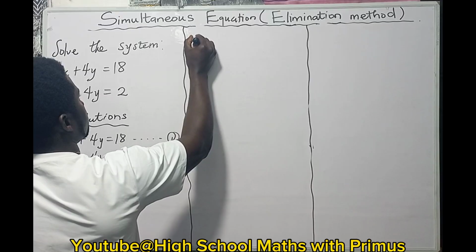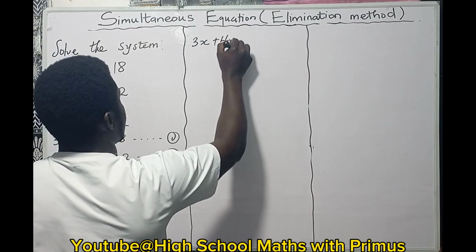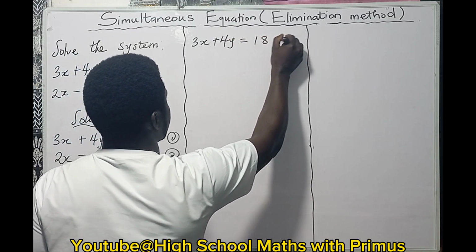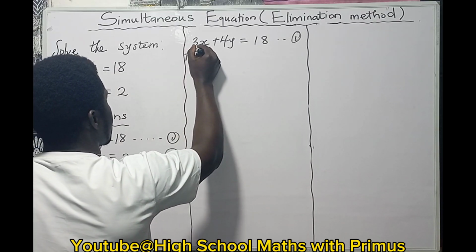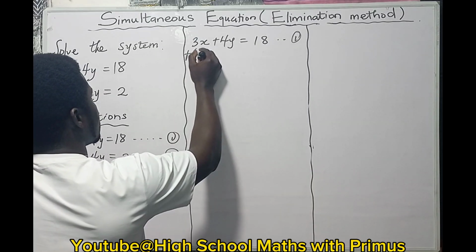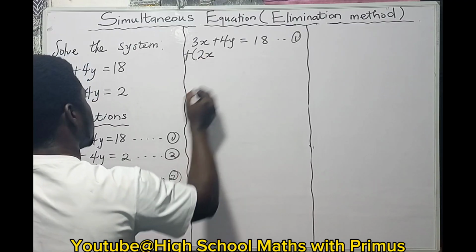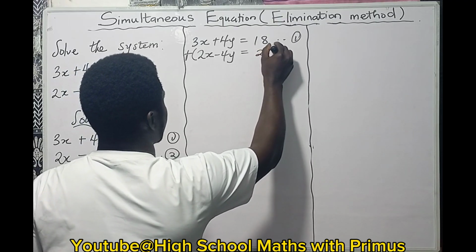Equation 1 is 3x plus 4y is equal to 18. This is equation 1, plus, because we are adding the two equations, the second one, 2x minus 4y is equal to 2.